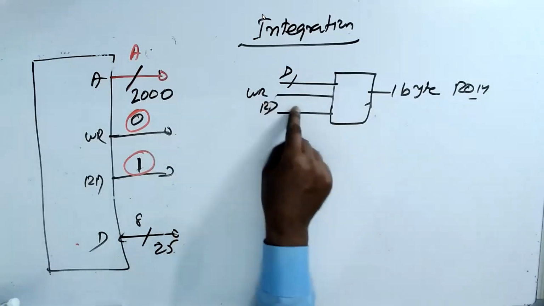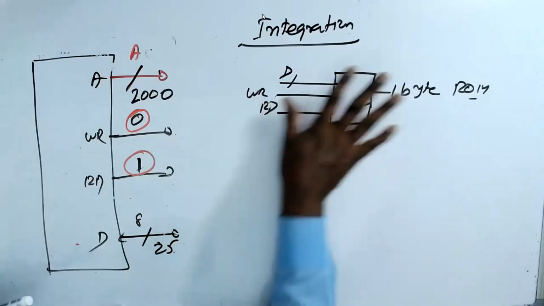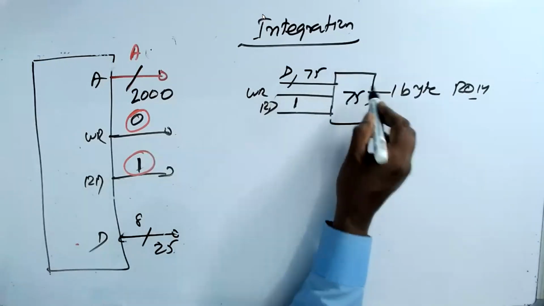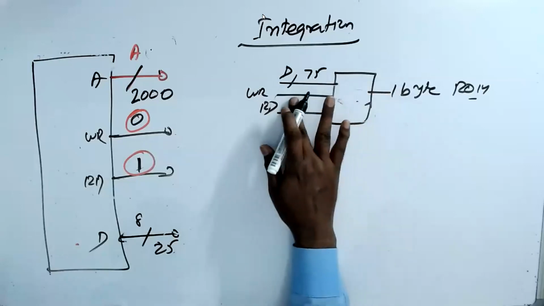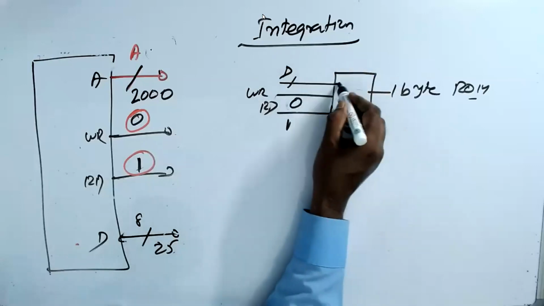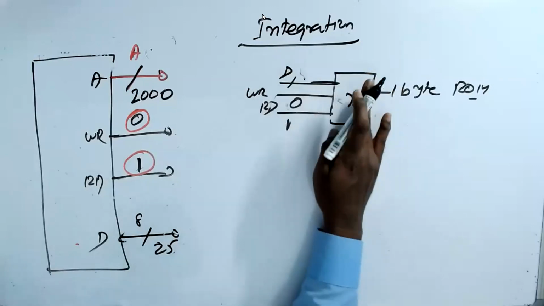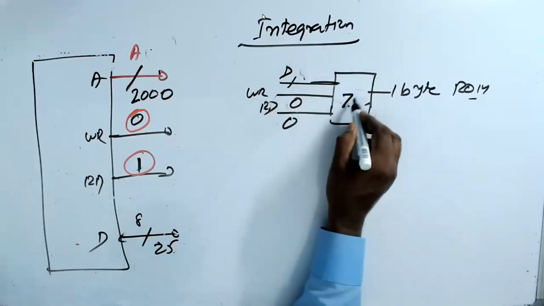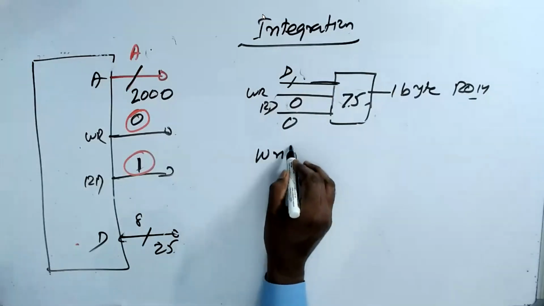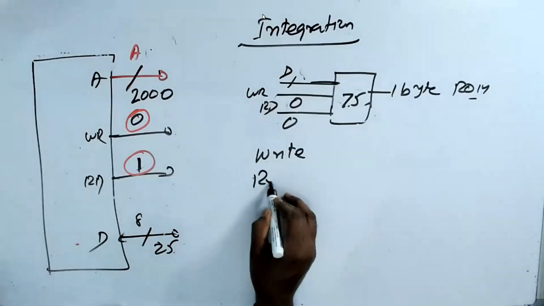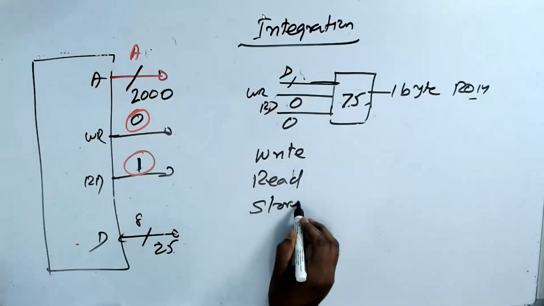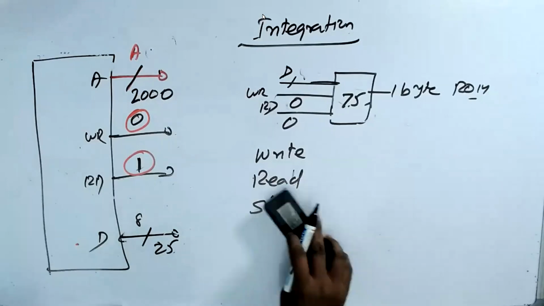When I give it, I'll be able to write any number. If I give data 75 and write as 1, 75 will be written here. If I give read as 1, then 75 will come out. If I don't give any data, 75 will be stored there. So there are 3 operations: write, read, and store, which we call a memory.